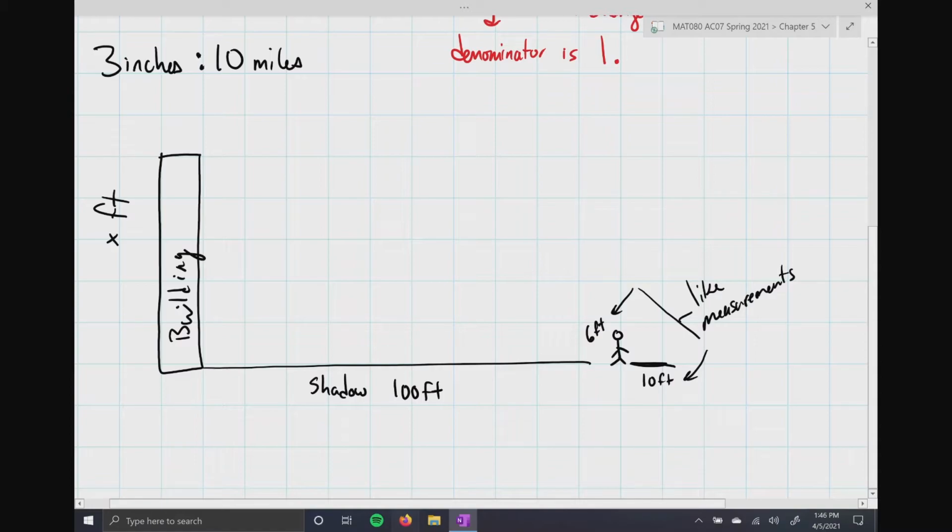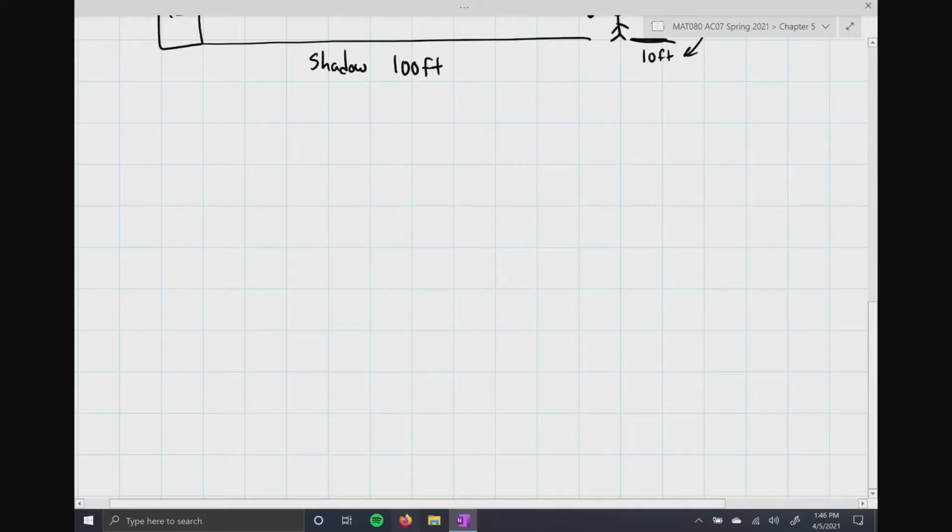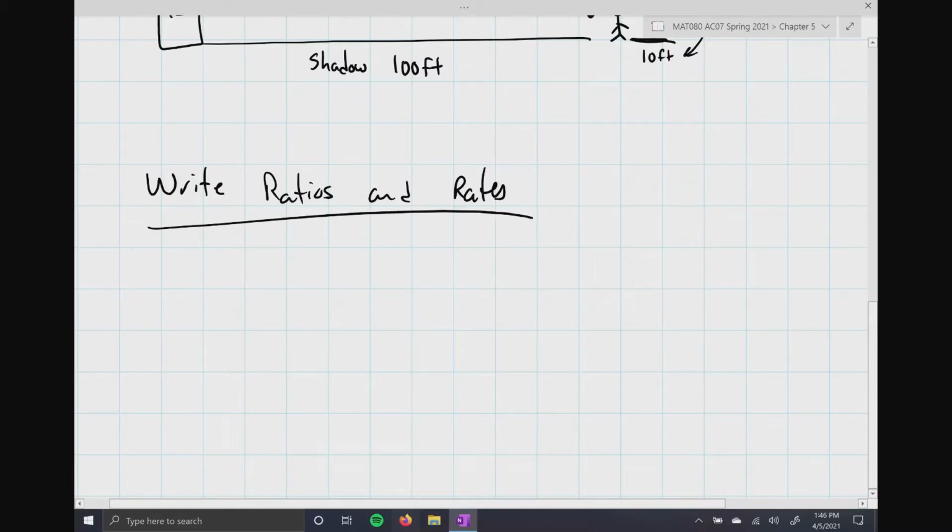That's a good question. All right, so now let's start writing rates. We're going to learn how to write ratios and rates. Here's our first one.